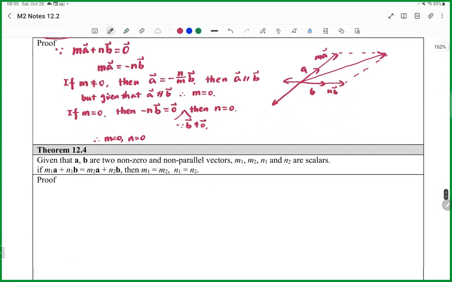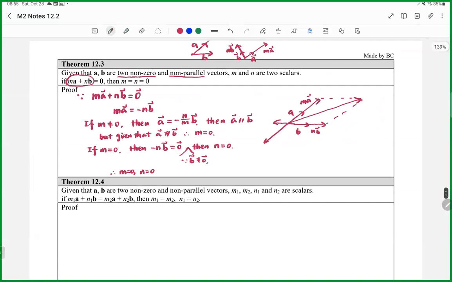Second one. If there are two ways to express a vector using the base vectors, then the two ways must be identical. Now in math, it says that if this combination is equal to this combination, then the coefficients must be identical.